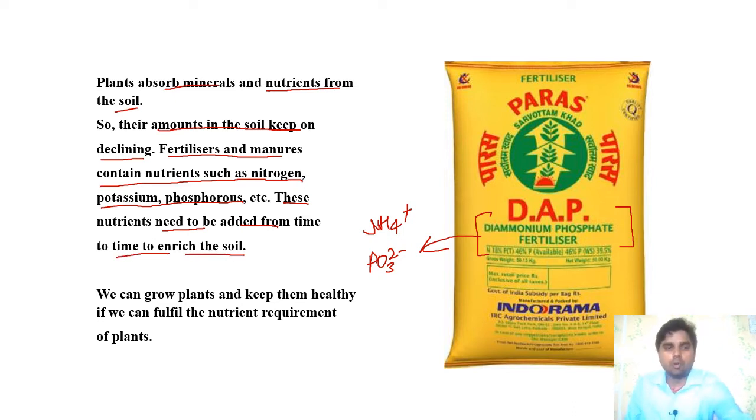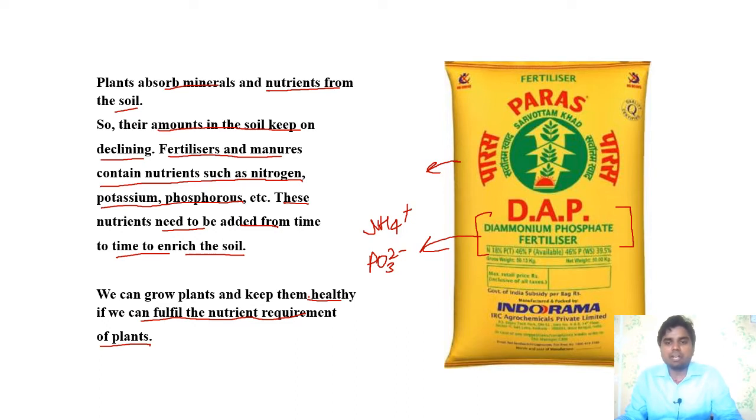So we can grow plants and keep them healthy if we can fulfill the nutrient requirement of the plants. So it is very essential, students, that this type of fertilizer should be given into the field.